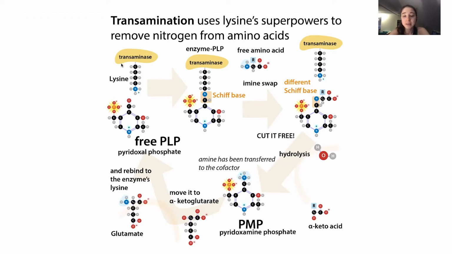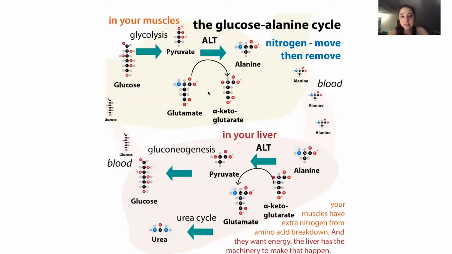So basically, if you have an enzyme, in this case our enzyme is transaminase. This transaminase enzyme helps with the breakdown of amino acids, to get rid of their amine groups in a safe manner.